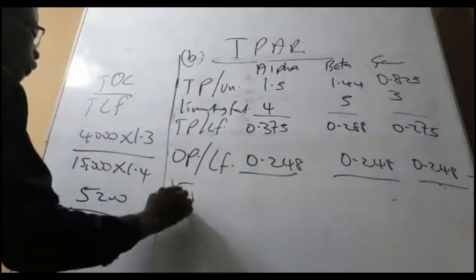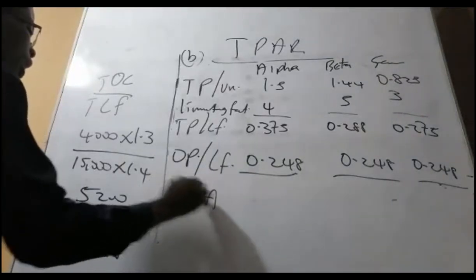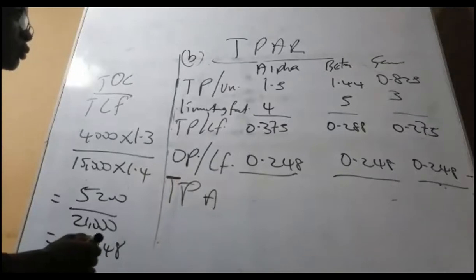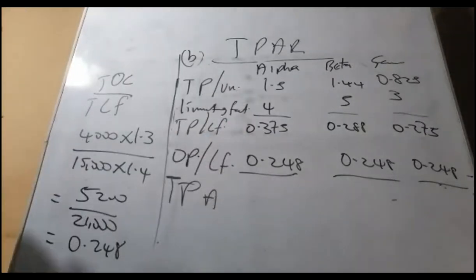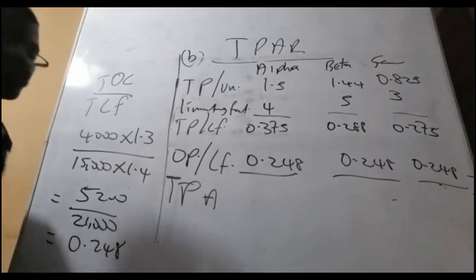So therefore, the throughput accounting ratio will be this divided by this. So 0.375 divided by 0.248. The final answer should be in 2 decimal places.